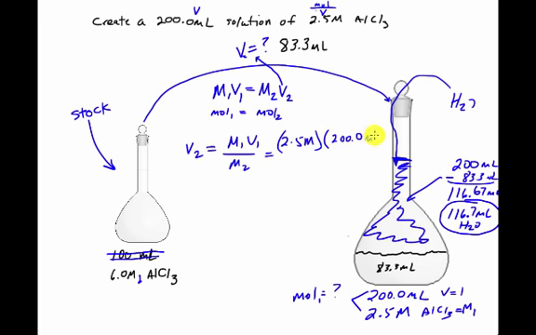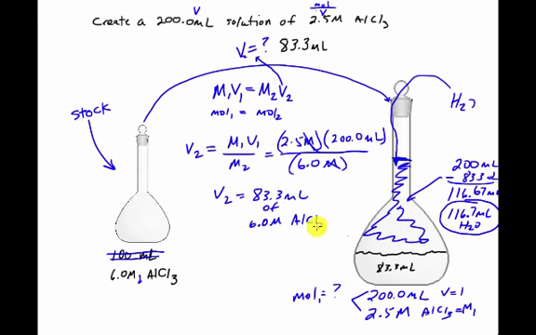The reason is that the molarities are going to cancel out. I'm going to bring this 6 over here. So these will cancel out, and I'll end up with my answer directly in milliliters. It would be 83.3 milliliters of 6 molar aluminum chloride. And that's a quick way to calculate that.